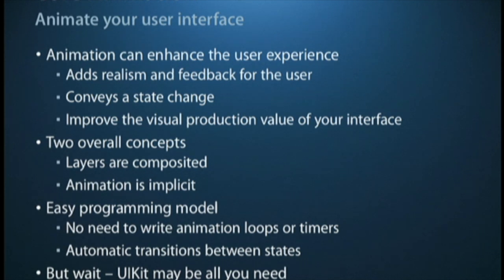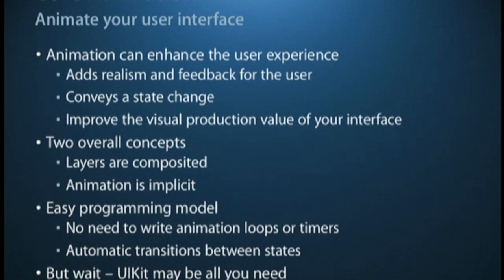There's two overall concepts in Core Animation to learn about: layers and animation. Layers are the building blocks, and their contents are composited on top of other layers. Then an implicit animation engine animates the layers. And Core Animation follows a very simple programming model. You just tell it where you want something to end up, and that's all. There's no need for you to calculate any of the step-by-step animation.